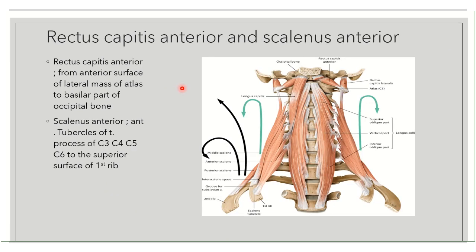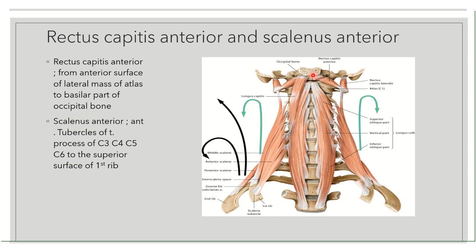Now we will see the remaining prevertebral muscles, that are rectus capitis anterior and scalenus anterior muscle. So this one you can see is rectus capitis anterior muscle. This arises, this is atlas bone, from the lateral mass of the C1 or the atlas vertebra, and it is going to insert on the base of the skull at the occipital bone.